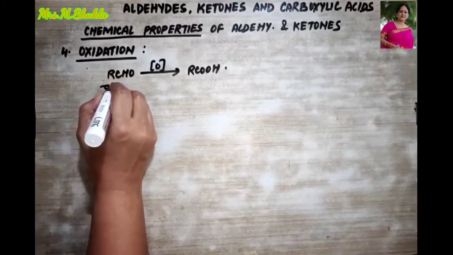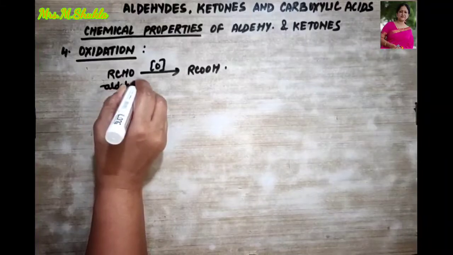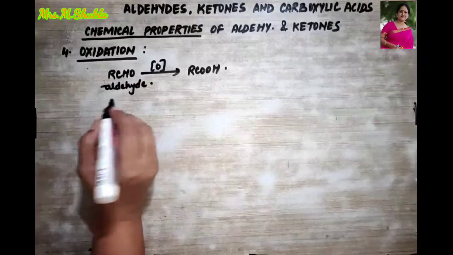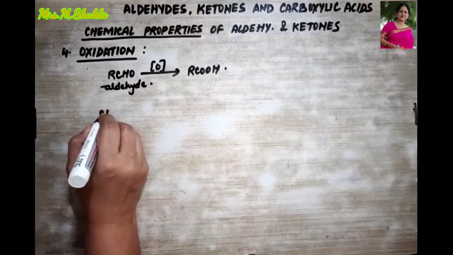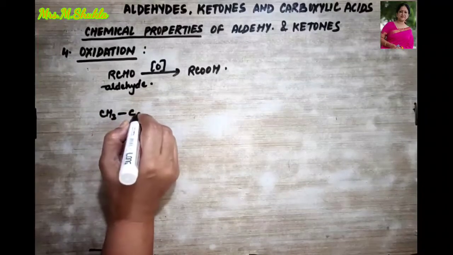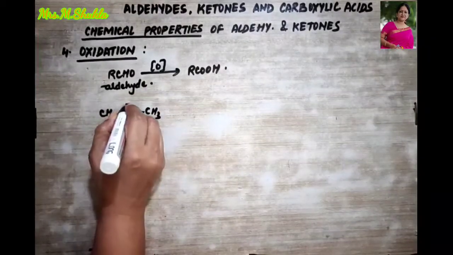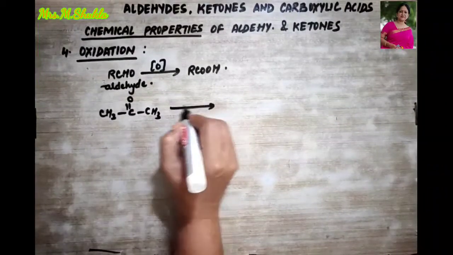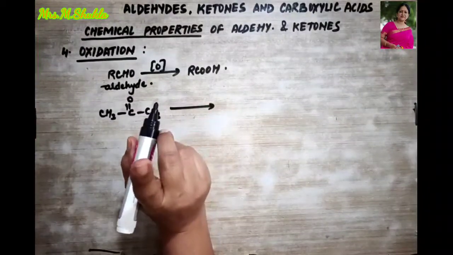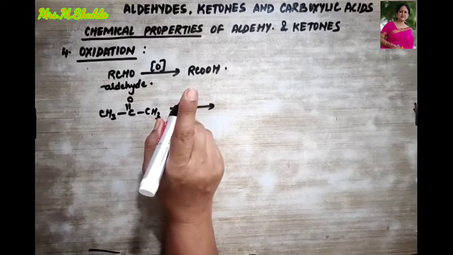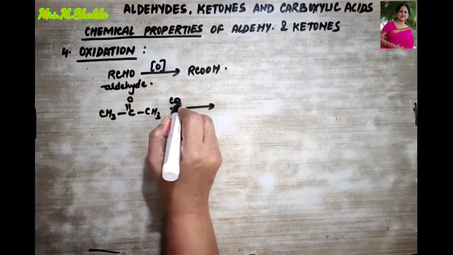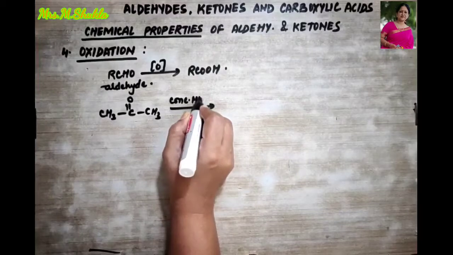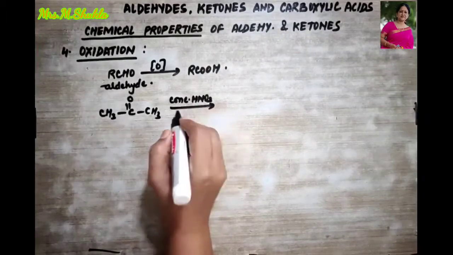This is your aldehyde. I was talking about a ketone. So let's take a ketone, CH3COCH3, acetone. With this acetone, powerful oxidizing agents have to be used, for example concentrated HNO3 could be used, right?